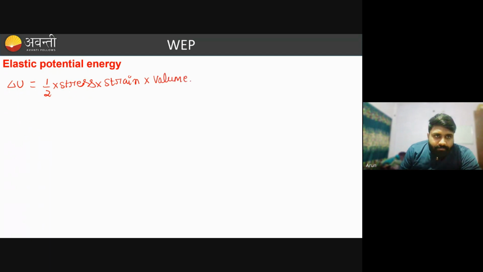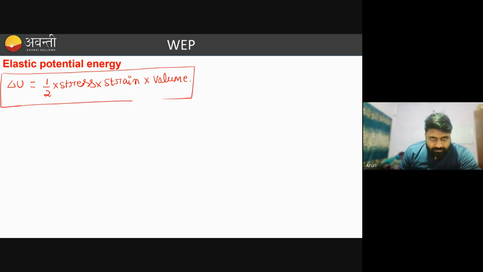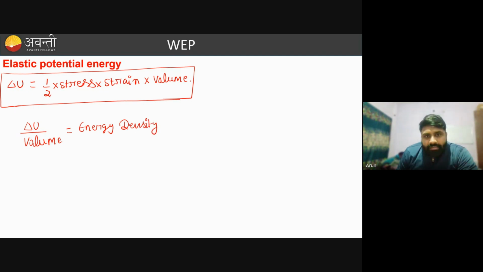And if you keep the volume on the left hand side, you will have delta U per unit volume, which is termed as energy density, which equals 1 by 2 times stress into strain.